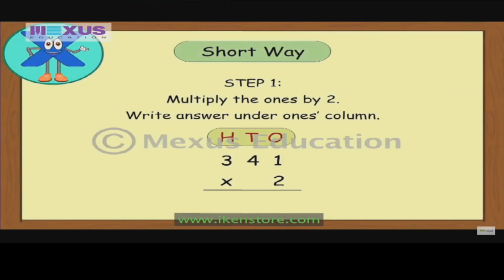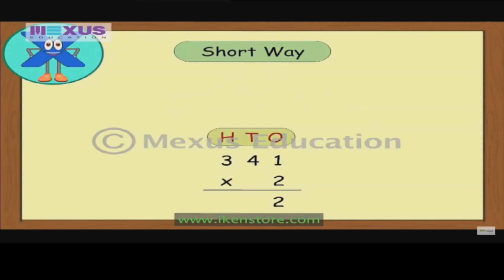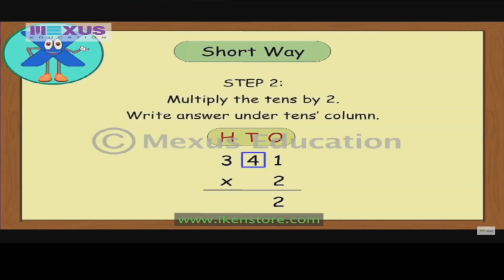Now we can start solving using the short way method. First, multiply the ones with the 1-digit number and write the answer below the ones column. So 2 times 1. Then multiply the tens with the 1-digit number. 2 times 4. Write the answer below the tens column.